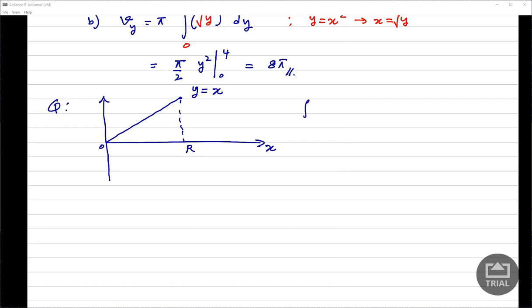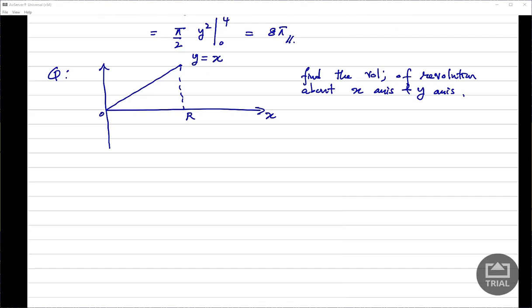So find the volume of revolution about the x-axis and y-axis. So 2 questions here. Okay, so this should be easy.